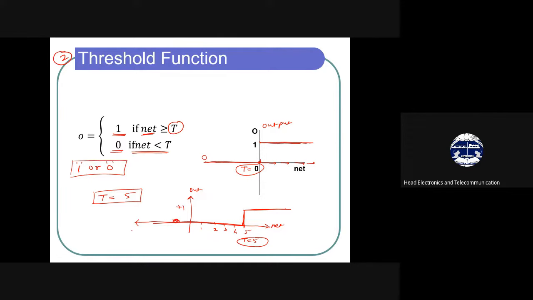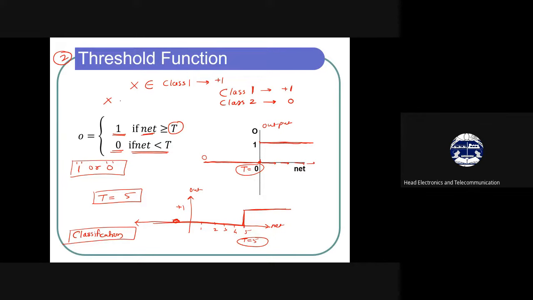This threshold function is basically used in classification. If a certain class, say class 1, is represented by plus 1, and class 2 is represented by say 0, then whenever an input pattern X belongs to class 1, your output will be plus 1.